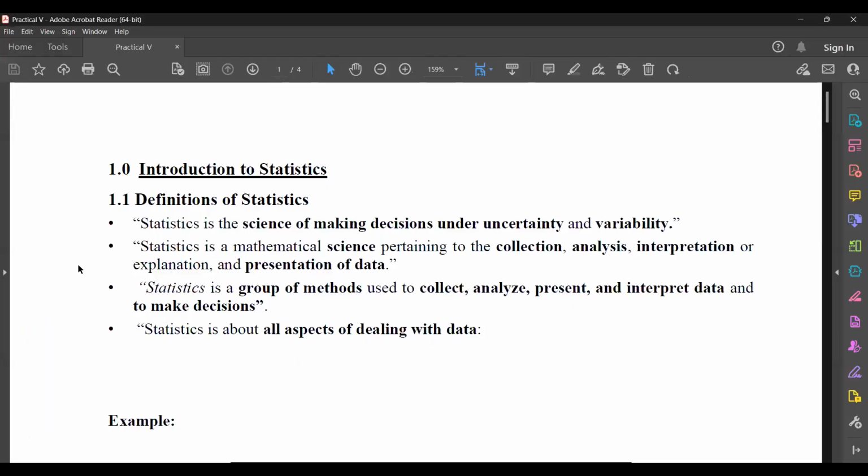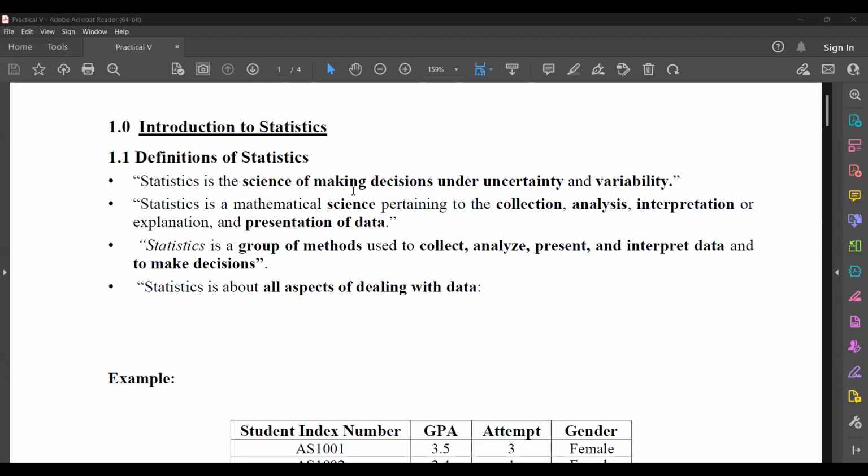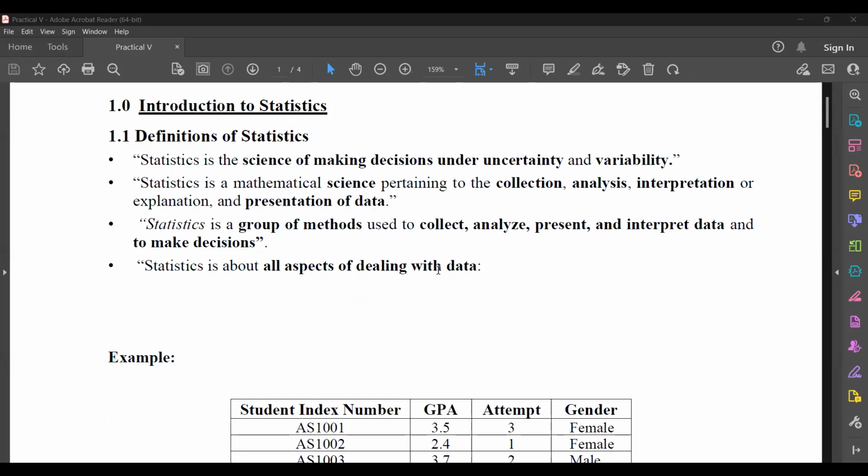I think you can see this one here. So there are certain definitions in statistics. Here I have mentioned a few, right?